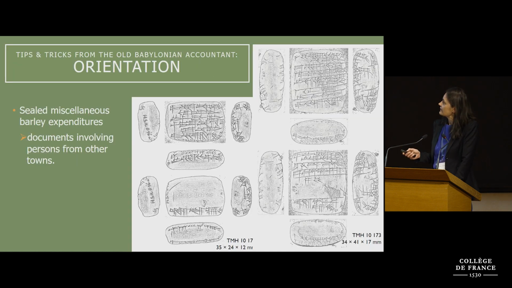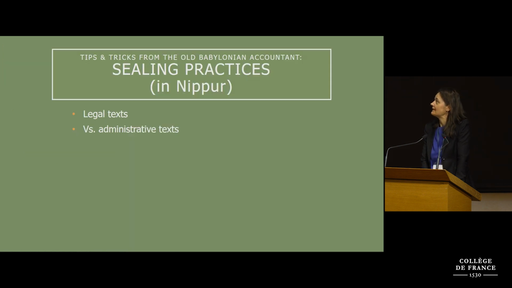So these documents are sealed, and that brings us to the next question. What are the sealing practices in Nippur? They're different from other towns. And so the legal texts are a different chapter altogether, with the burial seals and the personal seals and their own use.